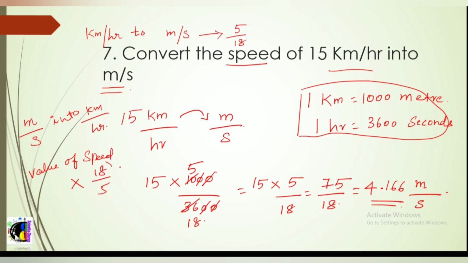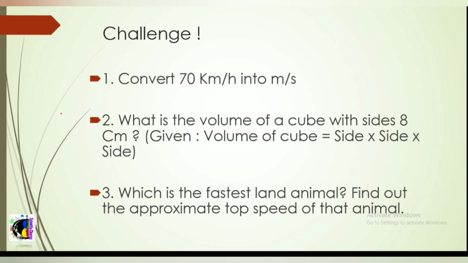Just the reciprocal of this particular value: 5 by 18 in case of kilometer per hour to meter per second, and 18 by 5 in case of meter per second to kilometer per hour. You no need to calculate all these things. Directly you can use this value, multiply the value of speed, and you can get the answer.